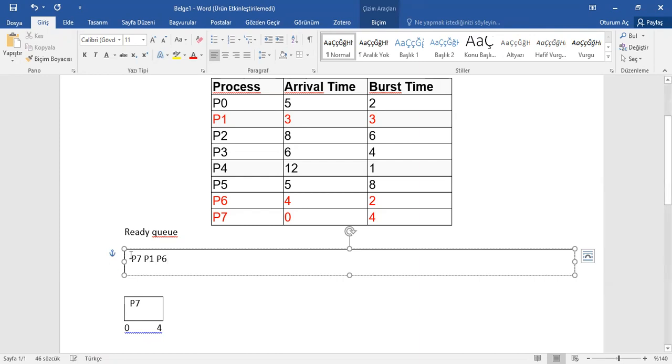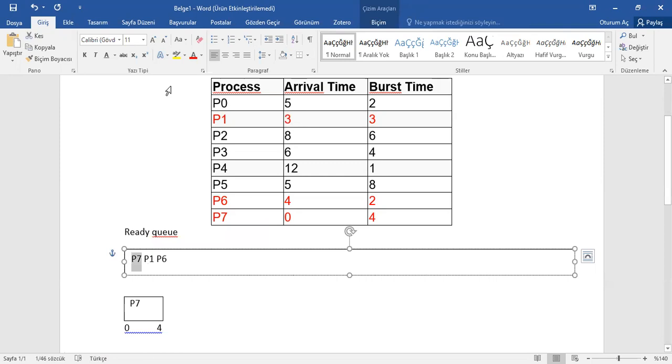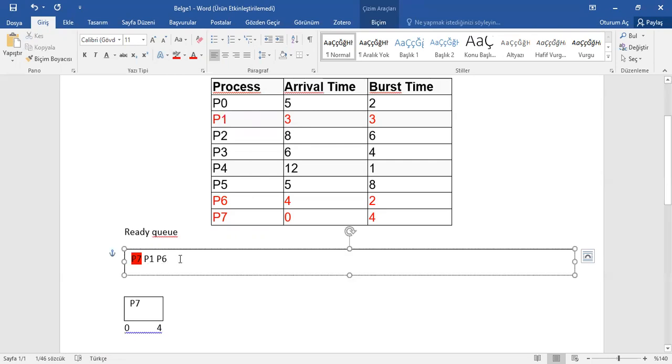And this one has also finished execution. Let's make it like this, it is finished. Or let's make it red. Okay, so P1 and P6 are in the ready queue.